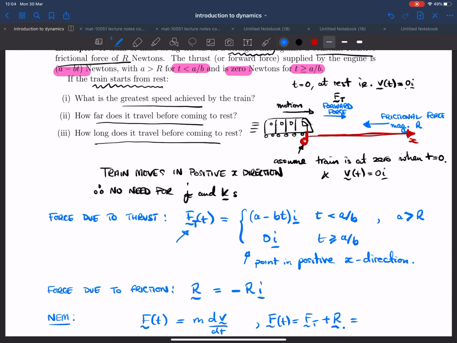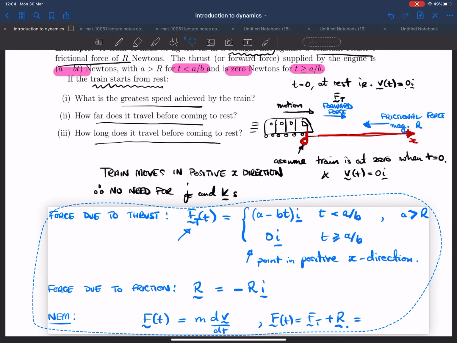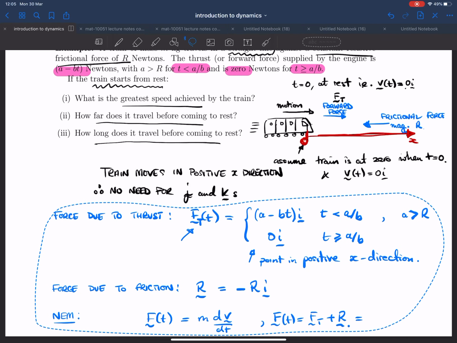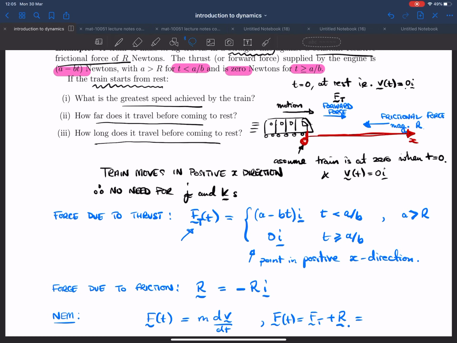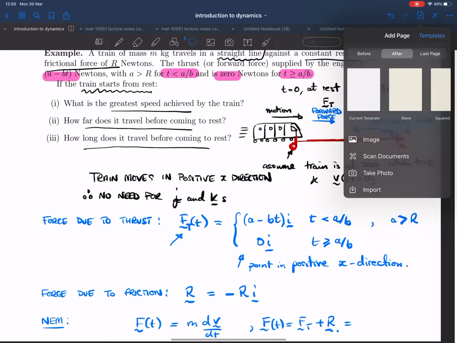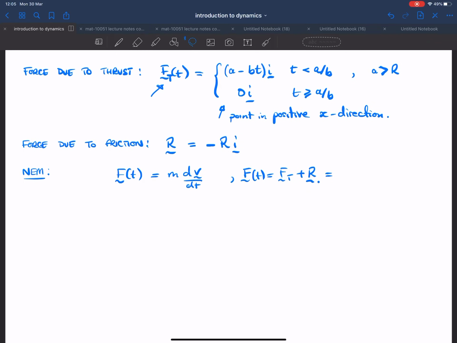So I'm going to go to a new page now that we have everything that we need. I'm going to take this, and we're going to write the resultant force vector. Okay, so what is F(t)?